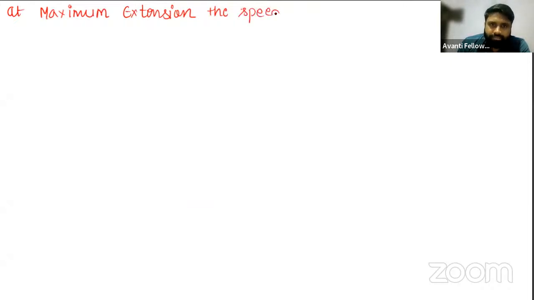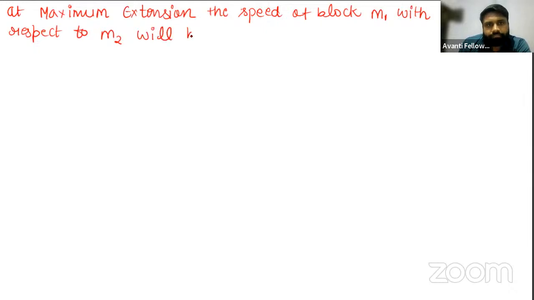So you can say that at maximum extension, the speed of block M1 with respect to M2 will become 0.